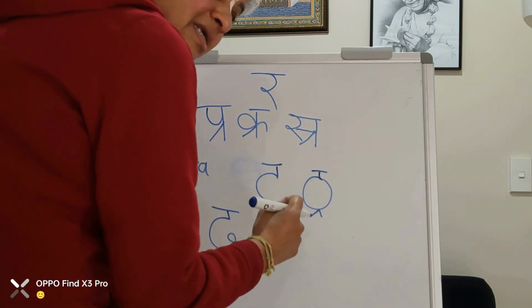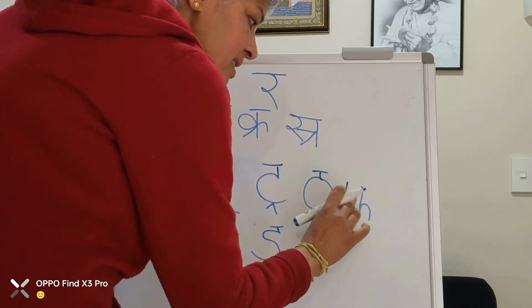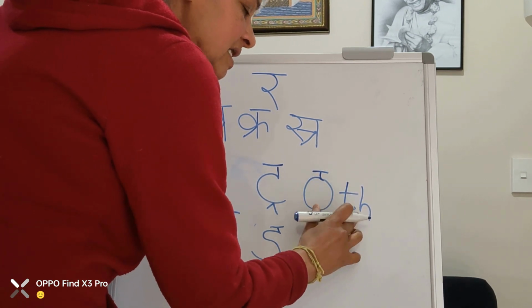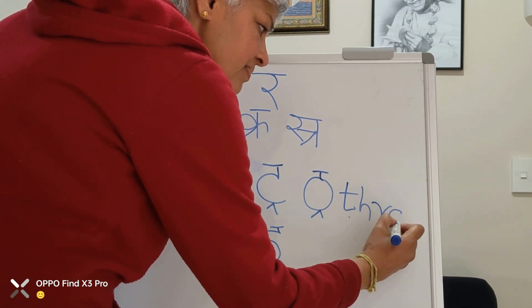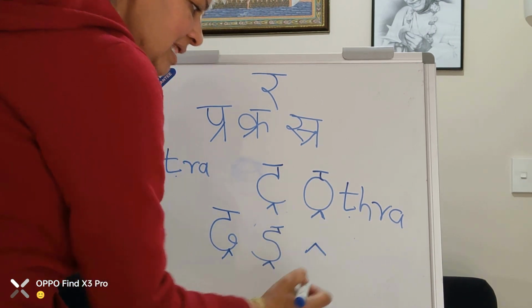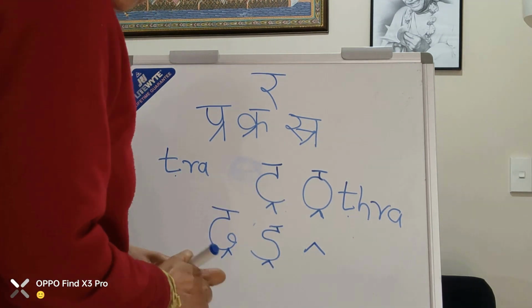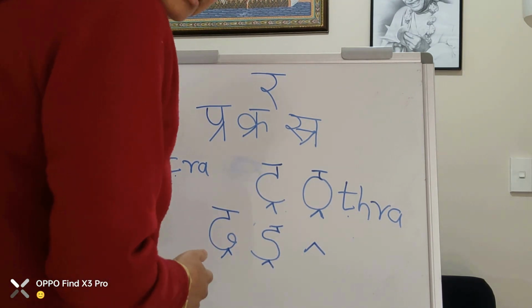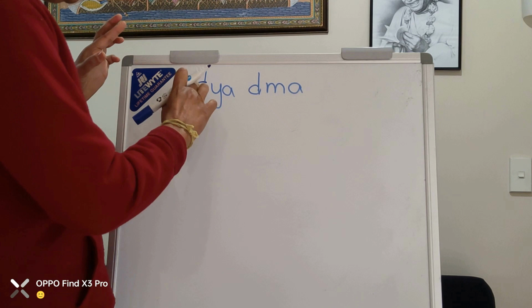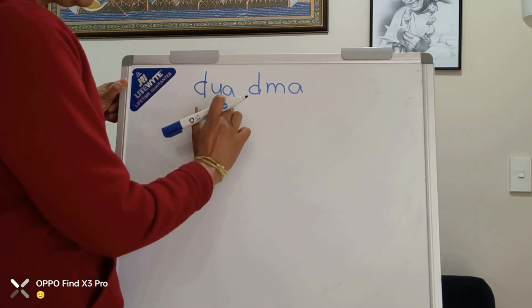And this is a tr. Th, but the sound is missing, so it is t plus r. The r is sitting at the bottom like that. So it sits like a little house at the bottom, the roof of a house. All right? Excellent. Now we're going to look at the sound when it's written with y and m.